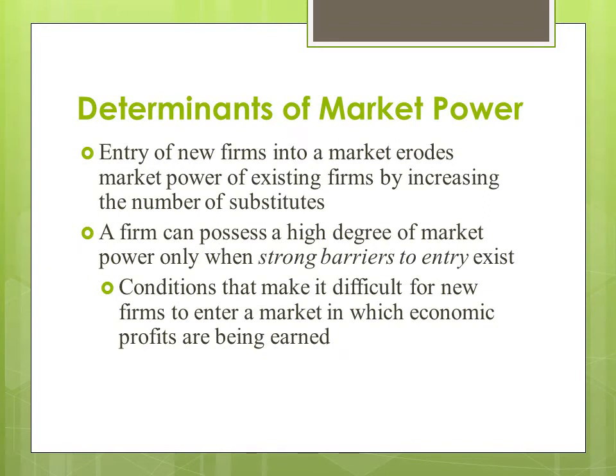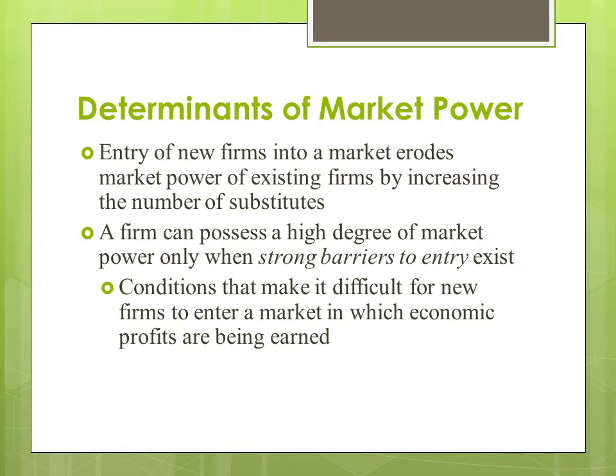Next is determinants of market power. Entry of new firms into a market erodes the market power of existing firms by increasing the number of substitutes. So when new firms enter the market, it means that the number of substitutes is increasing.